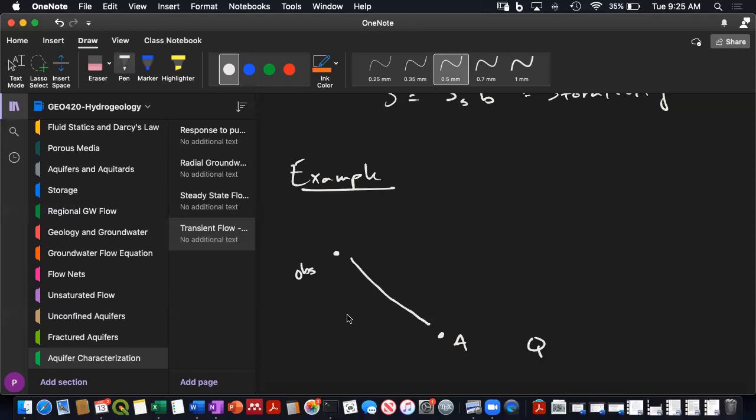This distance here is 134 meters. And Q sub A equal to 400 meters cubed per day. And it's been doing this for 48 hours.